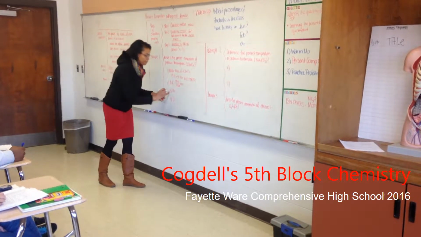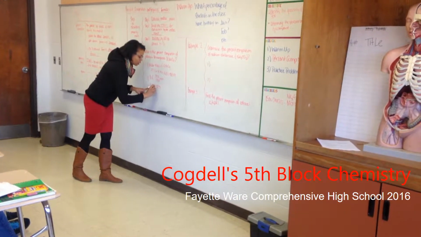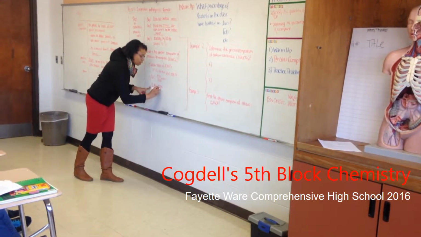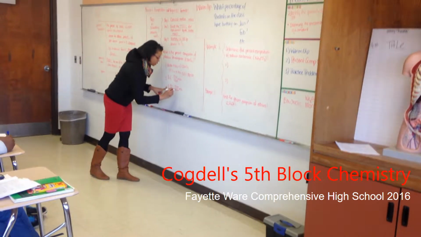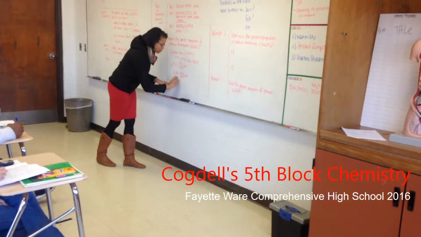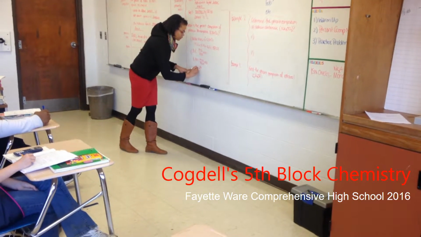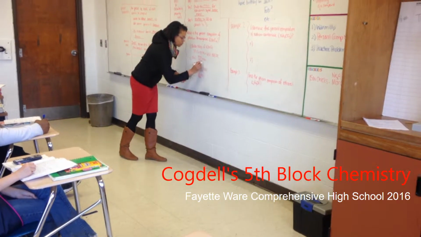We'll do the same thing for manganese, 54.94 divided by 158.04 times 100. And then oxygen is 16 times 4, which is 64, over 158.04 times 100.